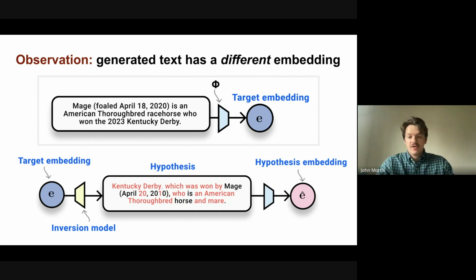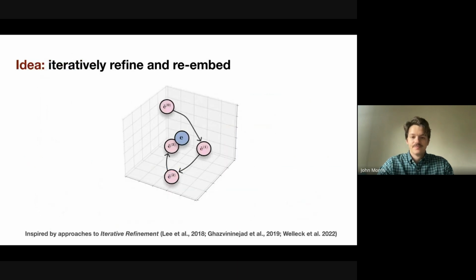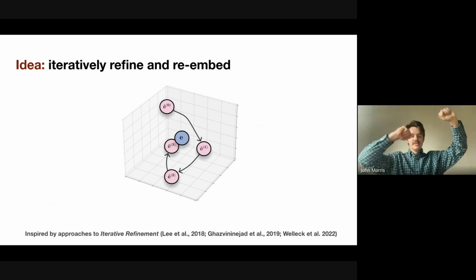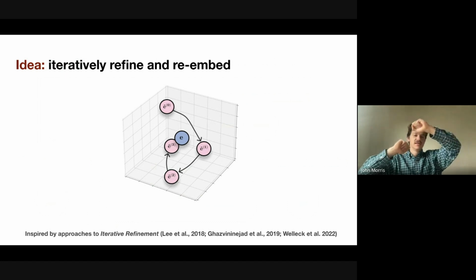So this inspired our method, which I think is really interesting, which is to take this guess, E hat, and the initial point, E, which is where we're trying to go, and then build a model that produces a new guess, which is hopefully closer than E hat to E. So maybe it's like here.